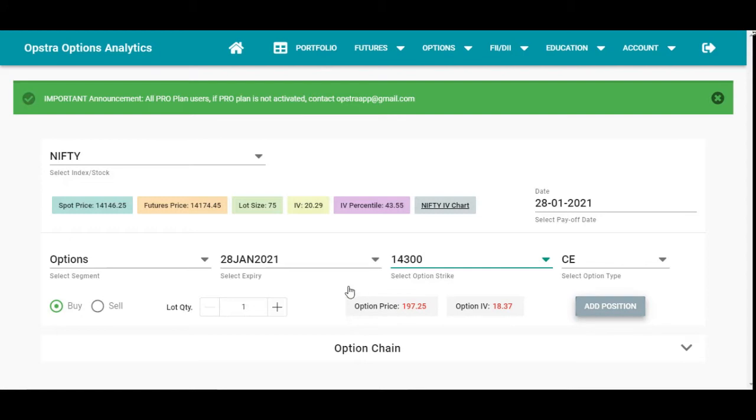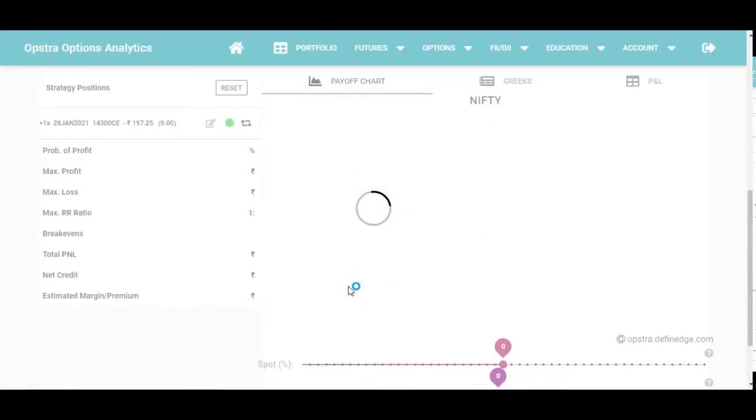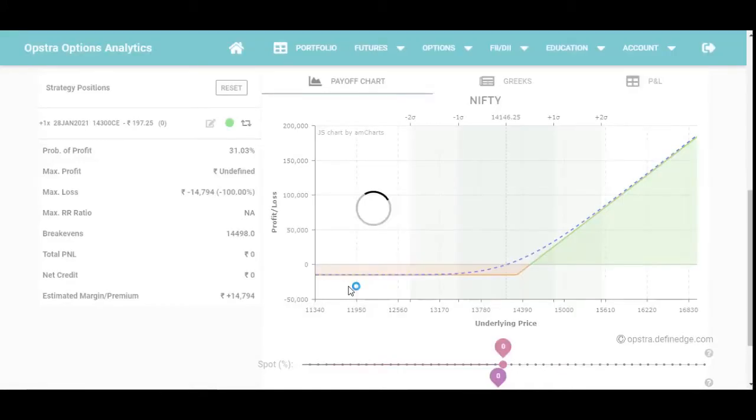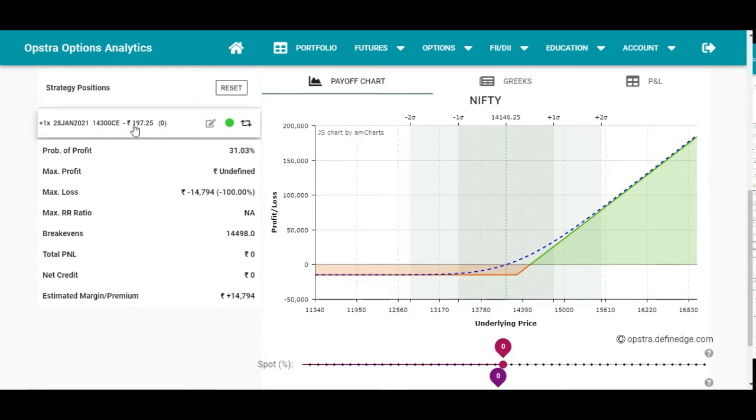Okay, so if we are a buyer of this call option, this will be the payoff graph. If you look at the payoff graph, this is the maximum loss, because this is the premium which the trader is paying to buy the option. So for the 14,300 call option, the trader is buying at 197.25, which means that the Nifty should move above 14,498.